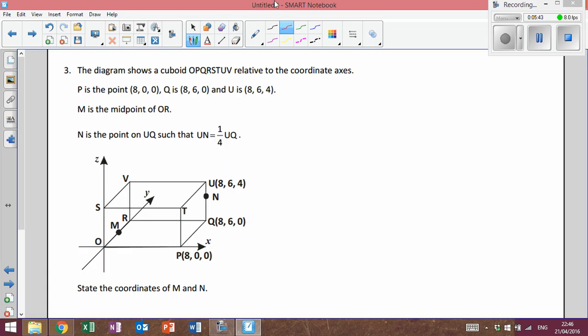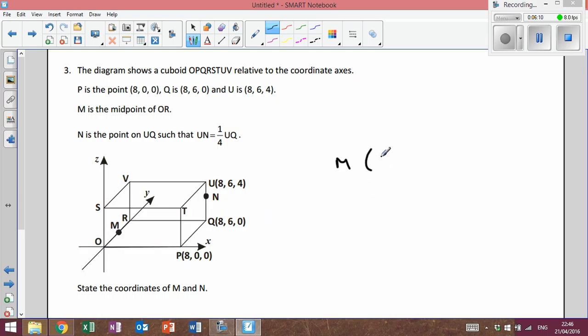Okay, question 3 here. The diagram shows a cuboid. P is a point, M is the midpoint of OR, and N is a point on UQ such that UN is a quarter of the whole thing. State the coordinates of M and N. Okay, so M, remember, 3 values X, Y, and Z. That's how far along it goes.